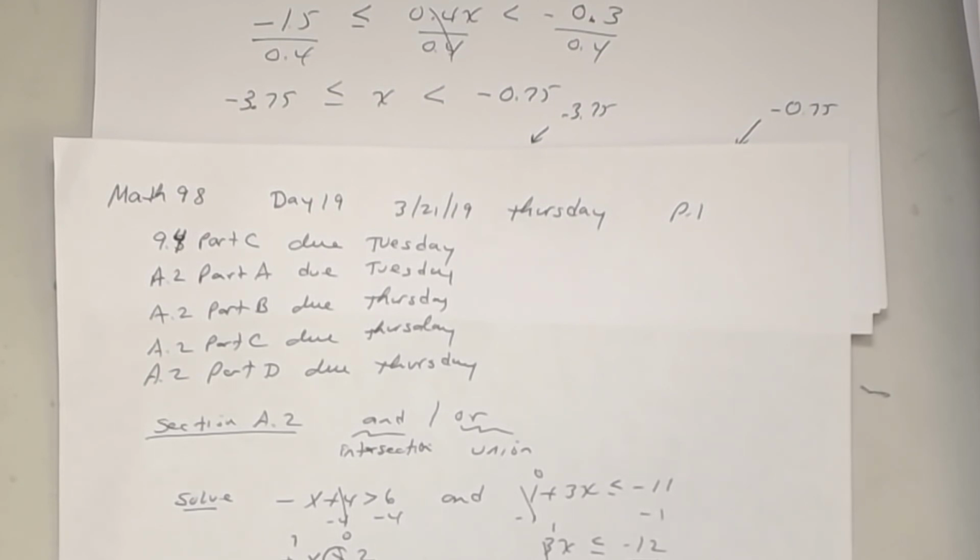Okay, now. Okay, so what we're going to do next class period is this. So Tuesday, yeah, listen up. Tuesday, we're going to start graphing lines. It's not that difficult.